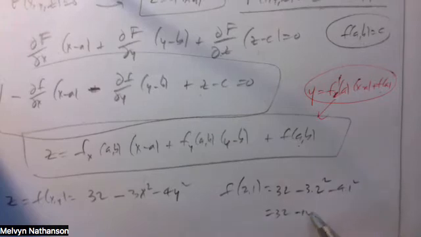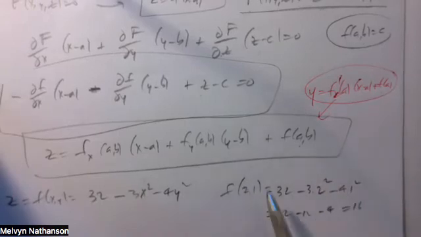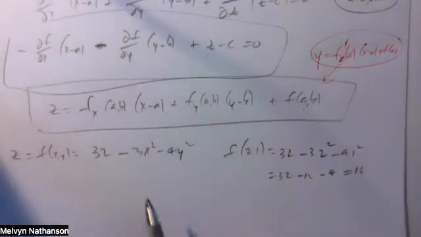That's 32 minus 12 minus 4. 32 minus 12 is 20, minus 4 is 16. So the point (2, 1, 16) lies on the surface.